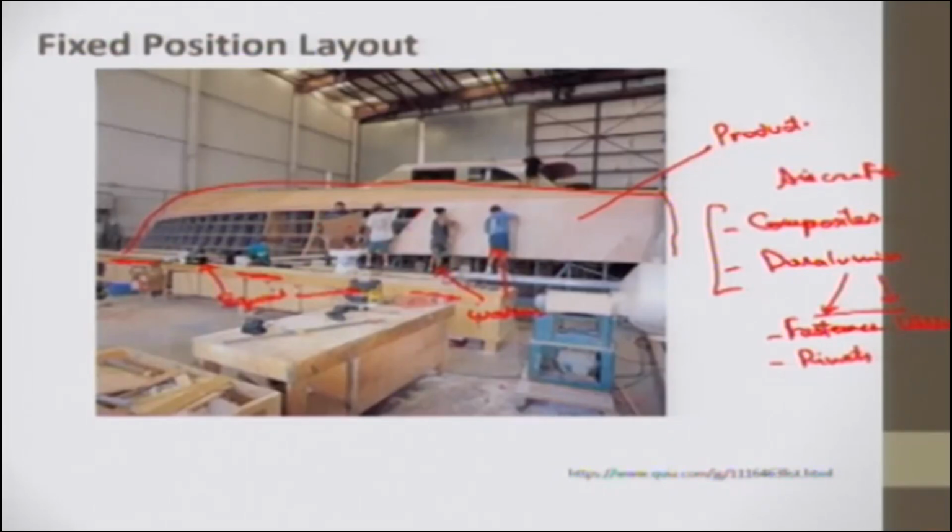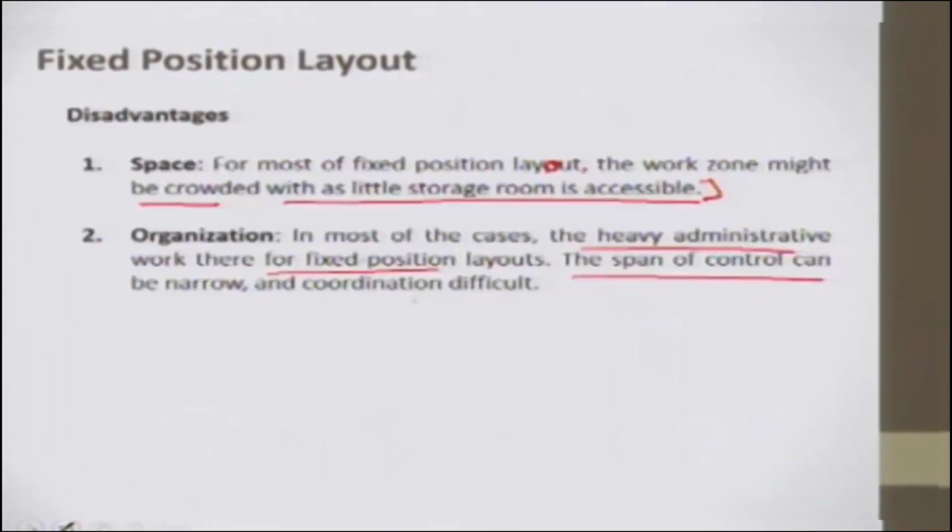Now where the benches are to be kept, where the worker would stand, this is a platform where the worker is standing to fix. All this is also part of our layout planning. So this also is important here. So administrative work here is heavy to plan the layout. The span of control can be narrow and coordination difficult. So this is the case here.